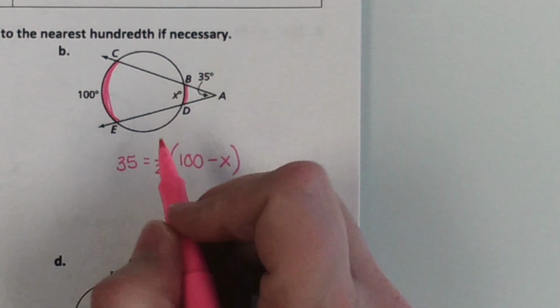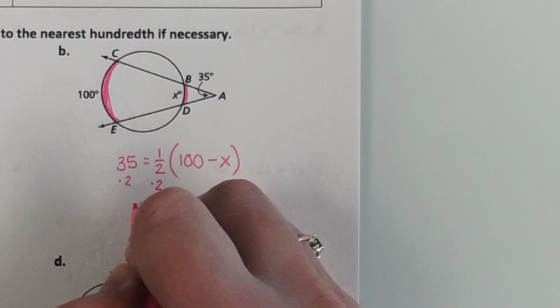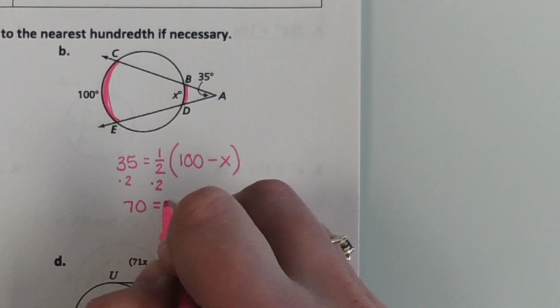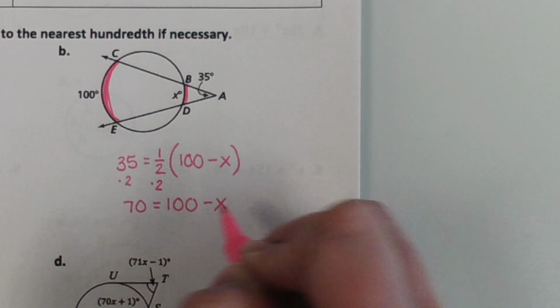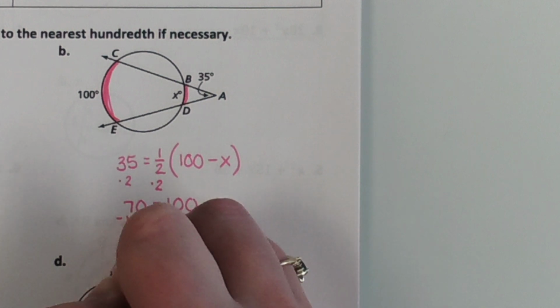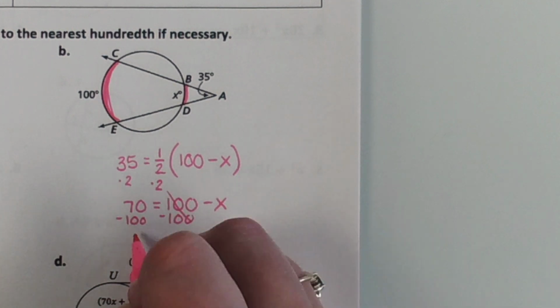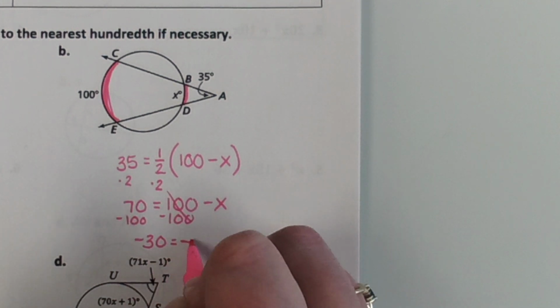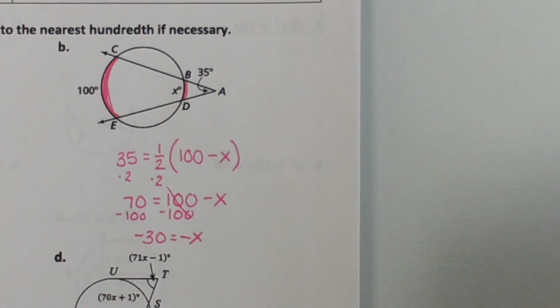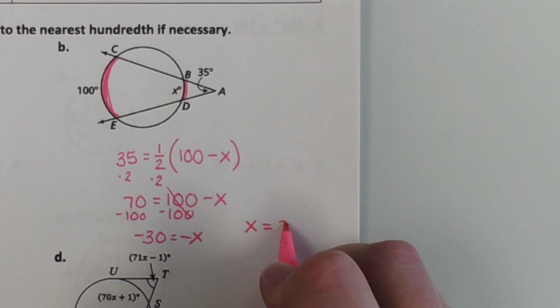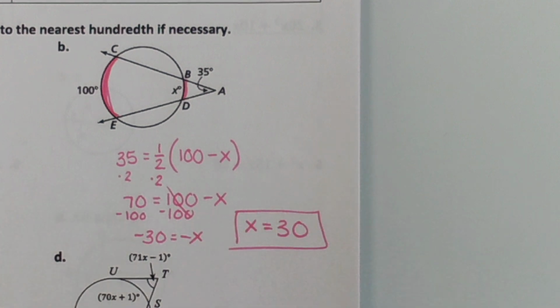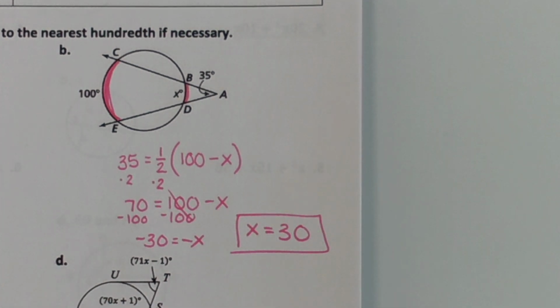Since this is just a number, I tend to multiply by 2. 70 equals 100 minus x. Subtract the 100 because it's positive. Negative 30 equals negative x. To get x alone, divide by a negative. X is 30. Be careful of your solving. A lot of people add the 100. It's the x that got minused.